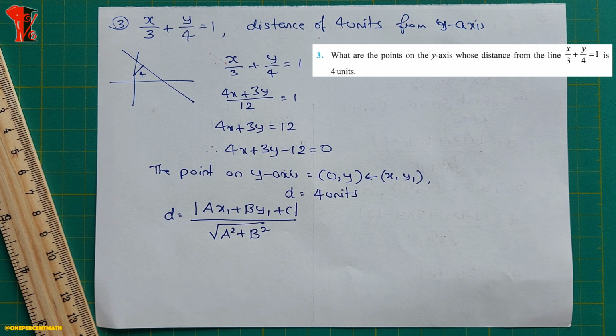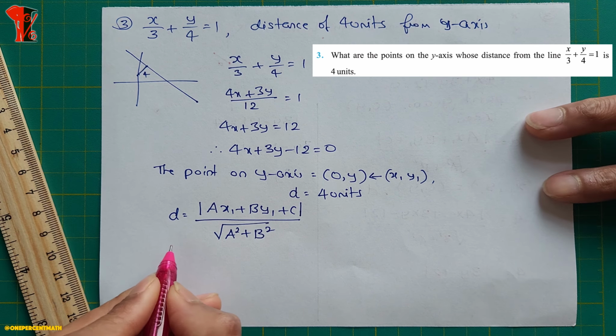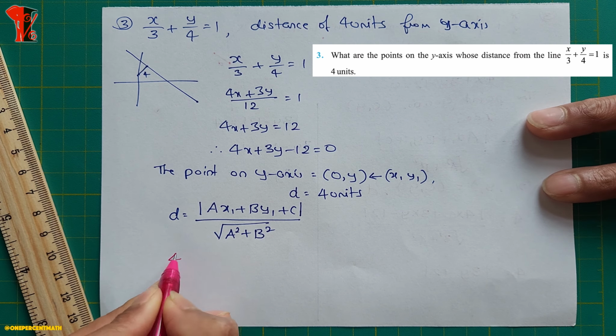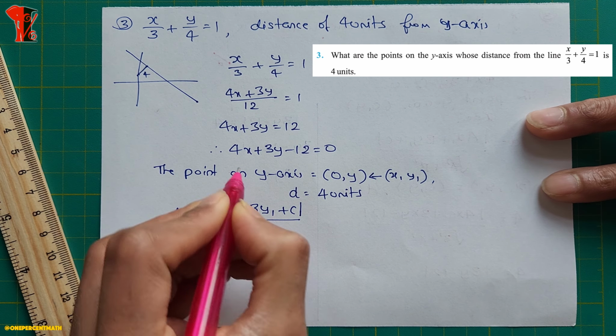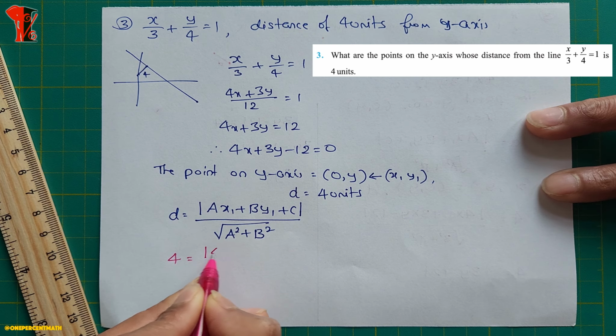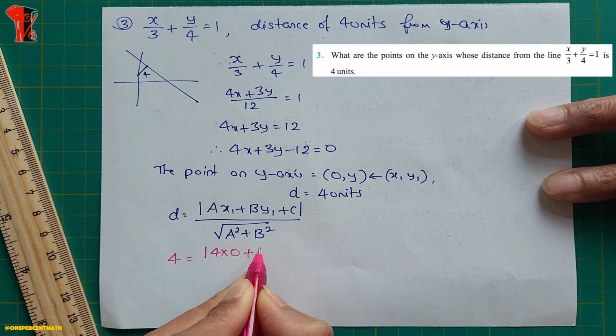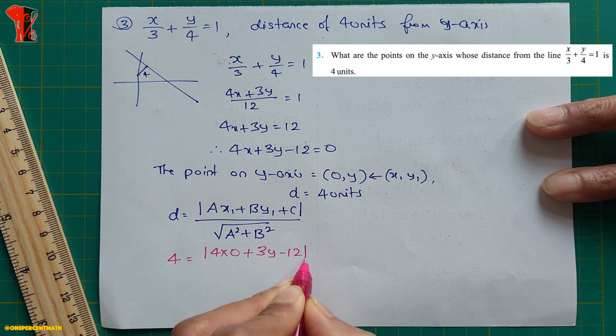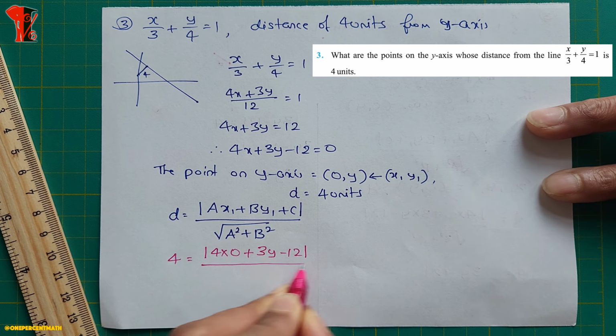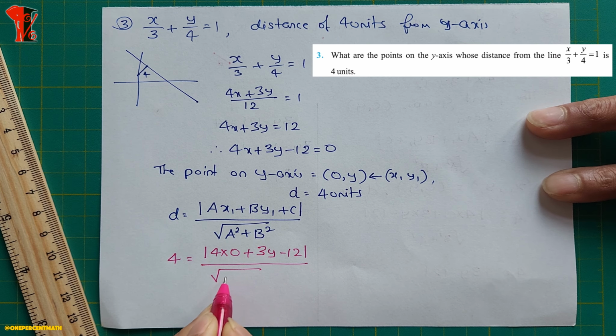So let's go for substitution. We will take d as 4 units equals a as 4 from the equation, and x becomes 0, plus b is 3 and y we will take as y, so 3y minus 12, in modulus, divided by root of 4 square plus 3 square.